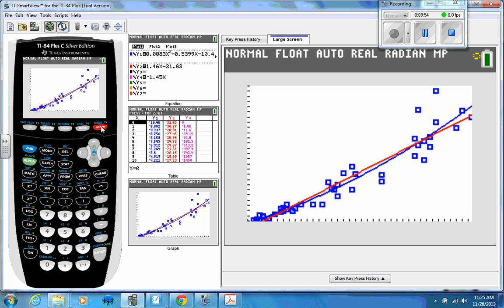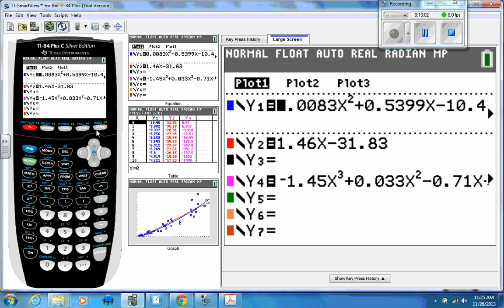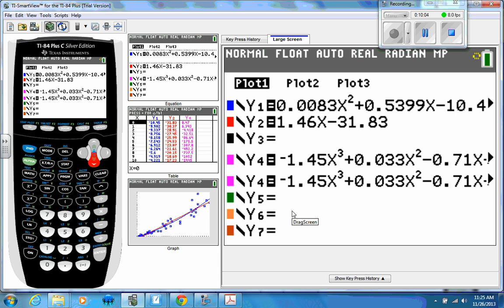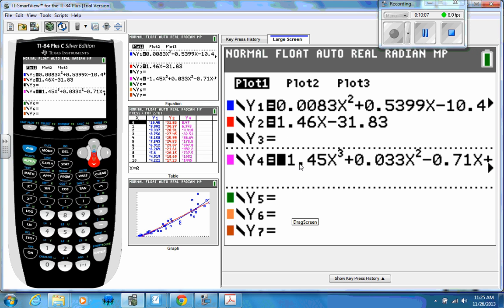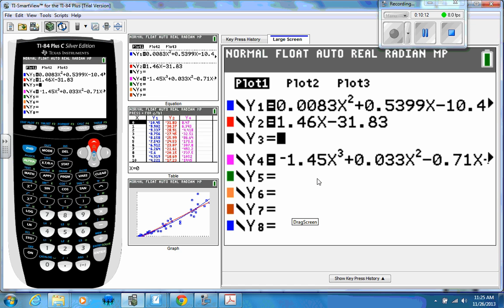and hopefully it's in a different color. Where's the color here? Should be a pink line. Okay, so go down to the third. Oh, it's the fourth one. Oh, shoot, I put it in the wrong thing. Okay, so let's retype it again.